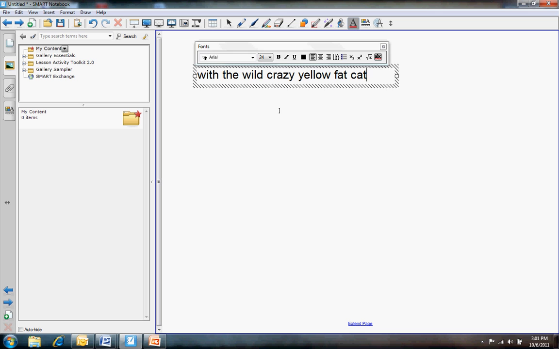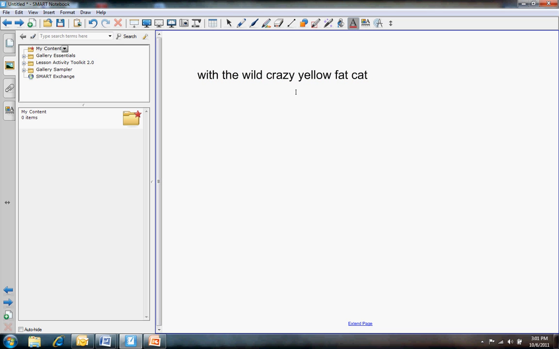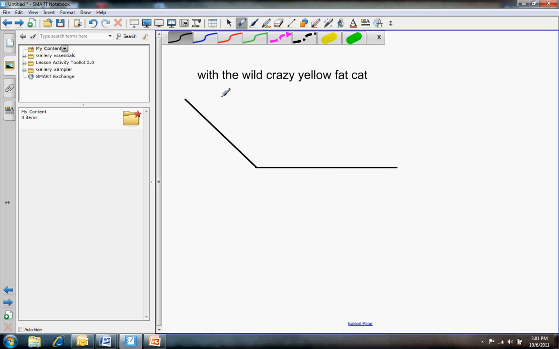There is our prepositional phrase. So we are going to start with our diagonal line, our obtuse angle, and then our straight line. The preposition is here, it is with.